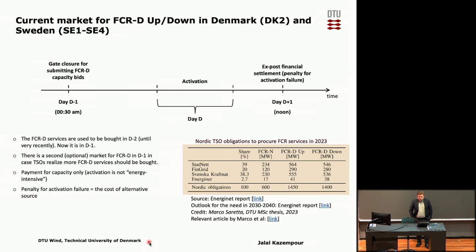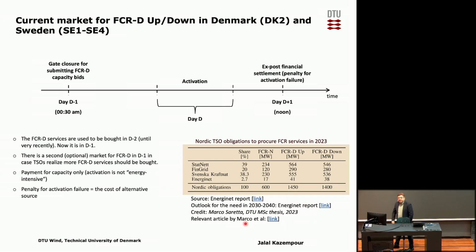In the case of FCR-D, how it works in Denmark in DK2 is that on D-1, Energinet buys services. For example, 41 megawatt of FCR-D up and 38 megawatt of FCR-D down. That's what Energinet is buying every day for every hour. Again, these numbers might be updated, but this is at least the information based on the time Marco, my student, contacted every TSO by phone, asking how much service they buy every hour.